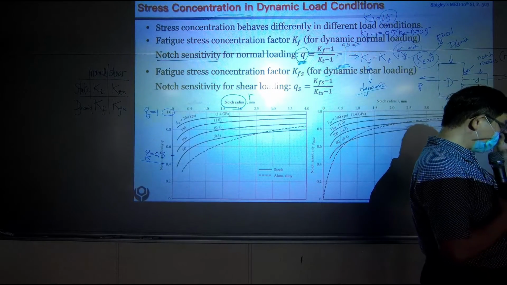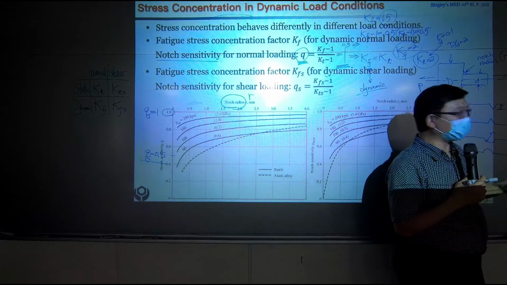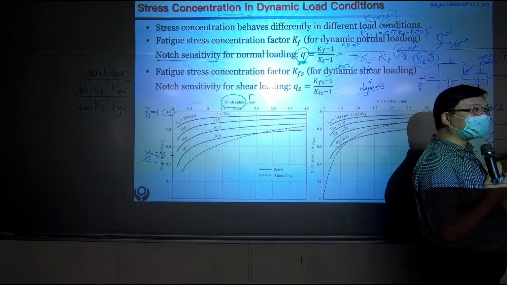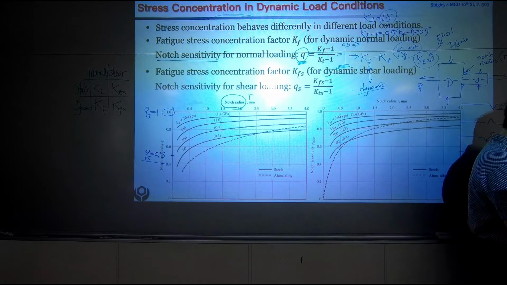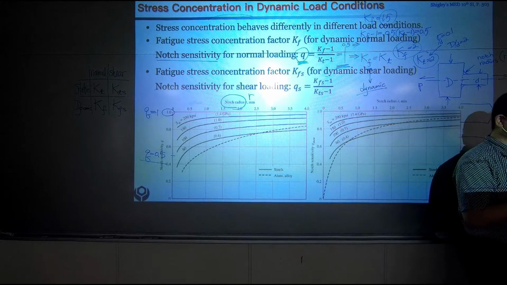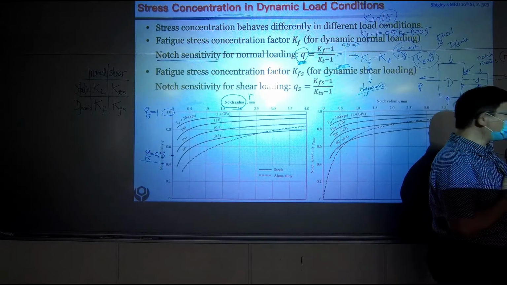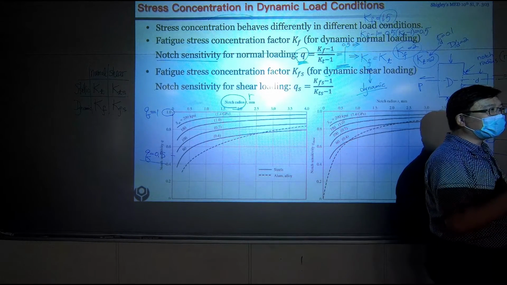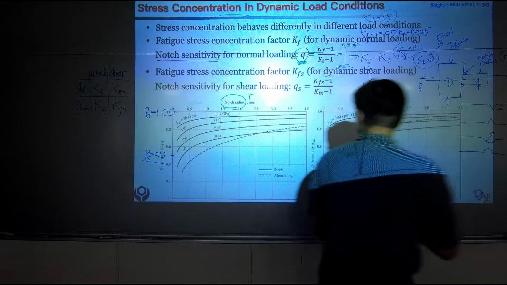So, which one is better? If I want the material to be safer, which one is better? Lower the better, right? Because lower stress concentration, lower stress, safer design. So of course we wish Q is lower, so we can apply dynamic load to it. Okay?